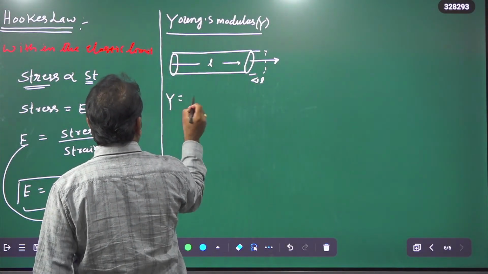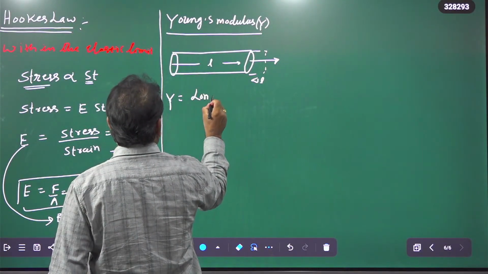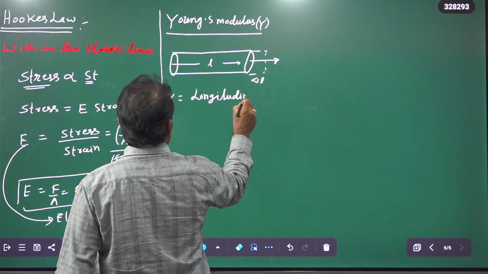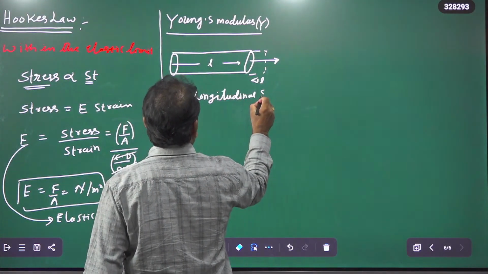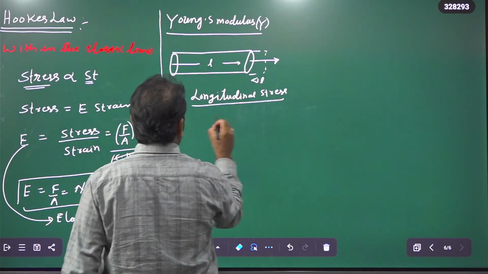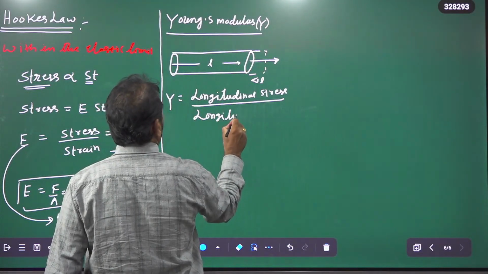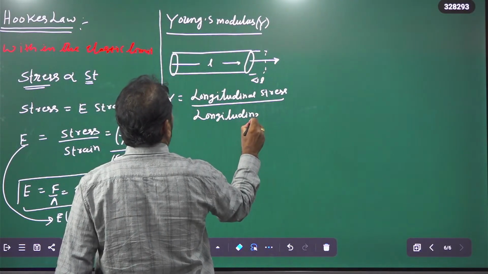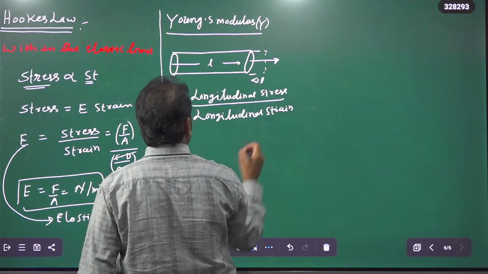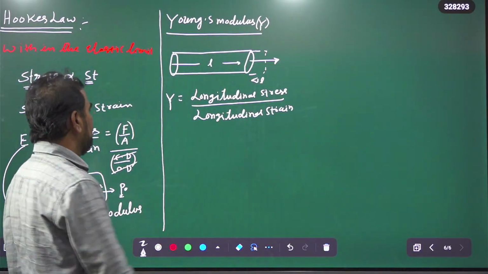Y is equal to longitudinal stress upon longitudinal strain. Longitudinal stress to longitudinal strain is called Young's modulus Y. This is what I am writing.